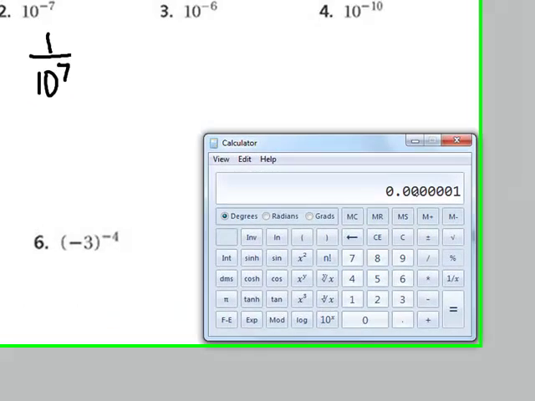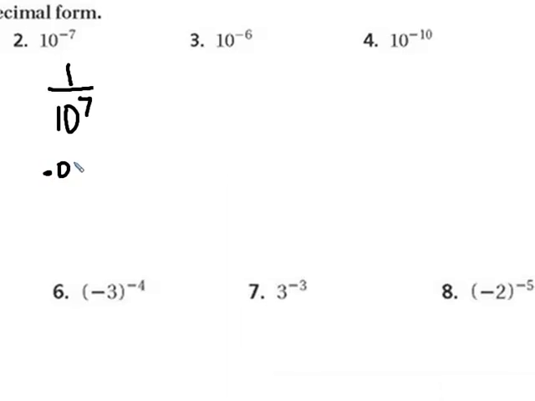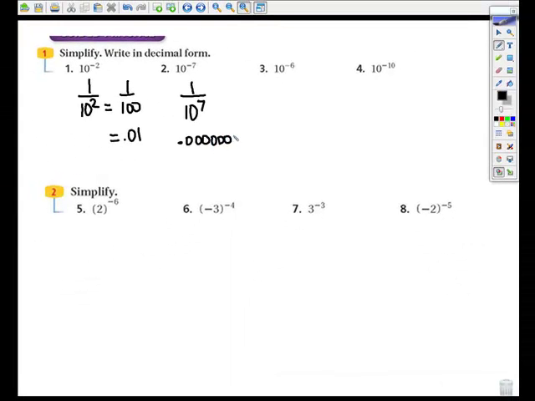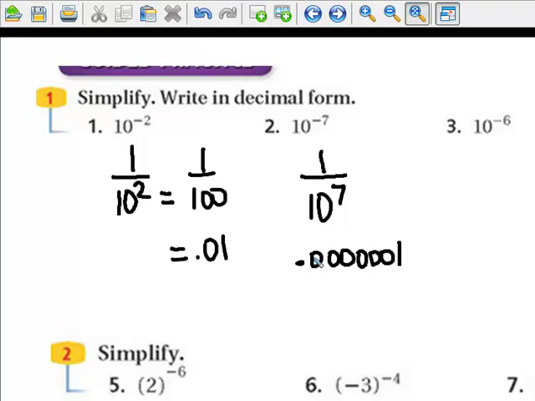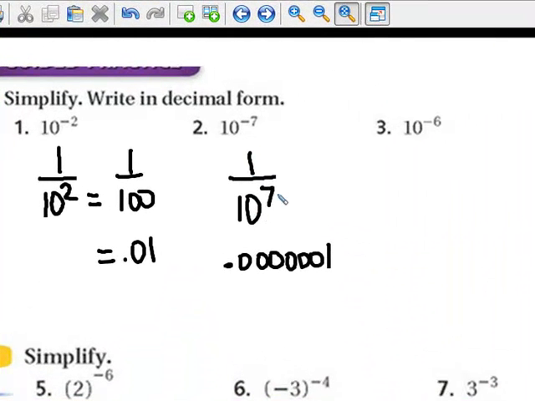So really what that is is 1, 2, 3, 4, 5, 6 zeros. So we have 1 less zero than the exponent. For 10 to the 7th, you only need the 6 zeros because it's to the 7th power, so you just take one of the zeros off because the 1 takes its place.